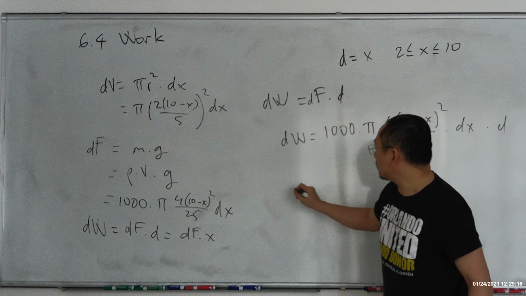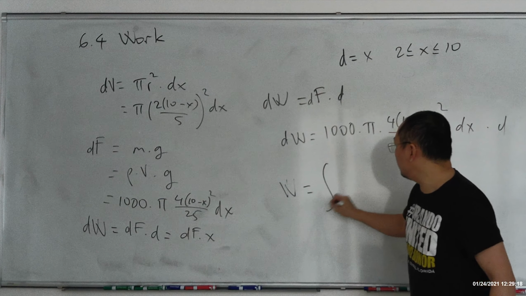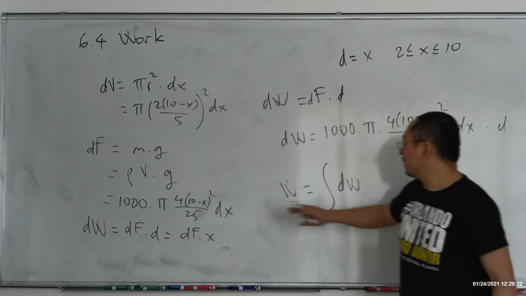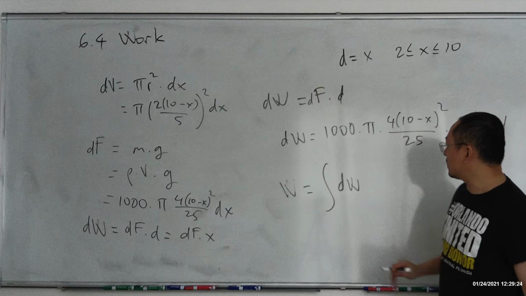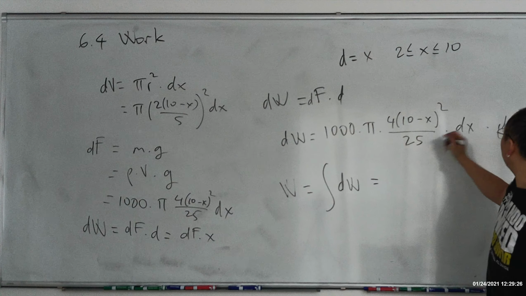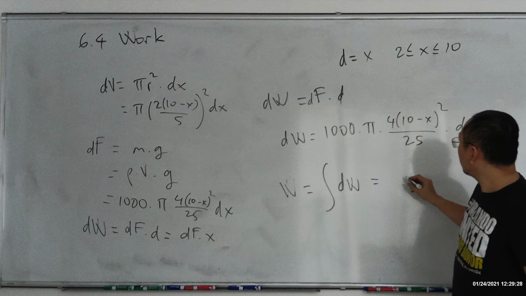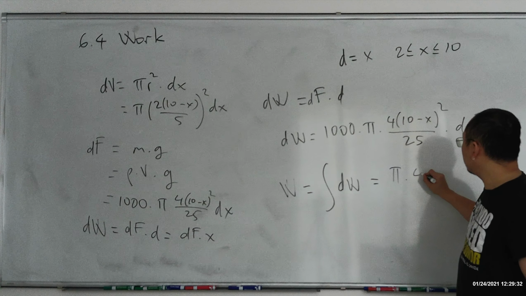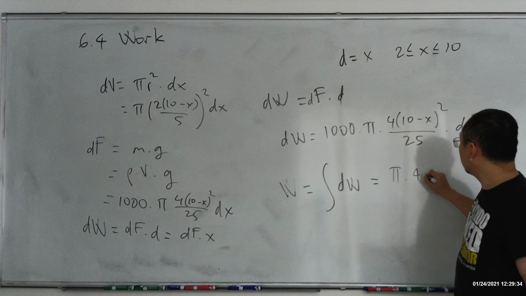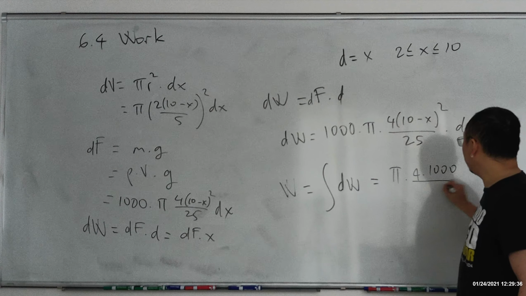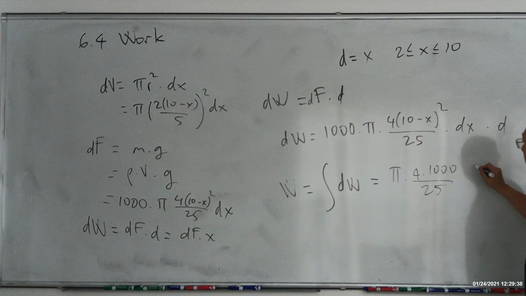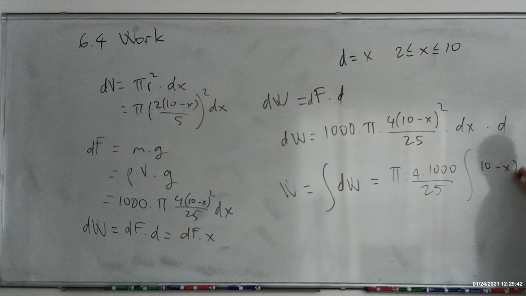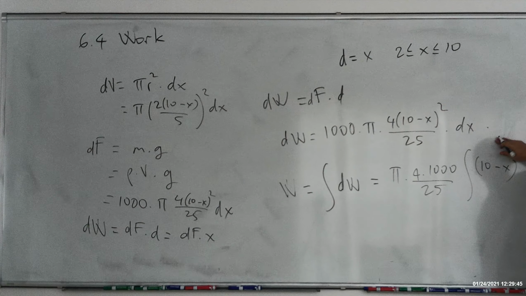Then let's rearrange the terms, and then the total force is the sum of all the little force. I keep saying force, no force. This is the work. The total work, the total energy, is the sum of all the little energy. I'm going to put all the constants outside, so pi outside, 4 outside, 1,000 outside, and divide by 25 outside. Integral of what? 10 minus x squared, the distance is x already.